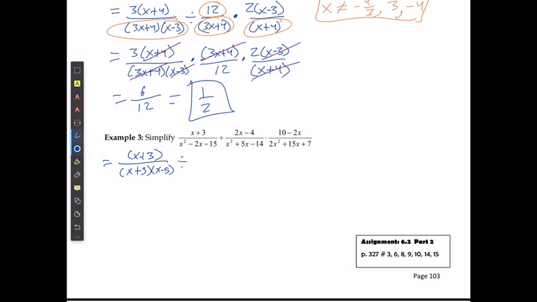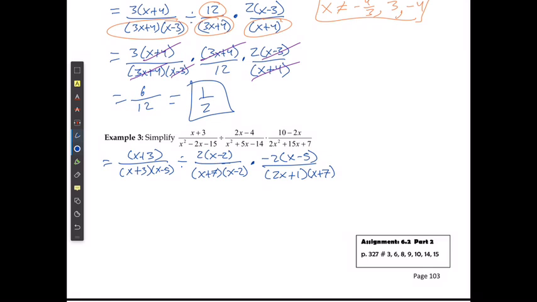I'm going to divide that by 2(x - 2) over (x + 7)(x - 2). And I'm going to divide it by negative 2, switch the places and say it's going to be (x - 5) all over (2x + 1)(x + 7).